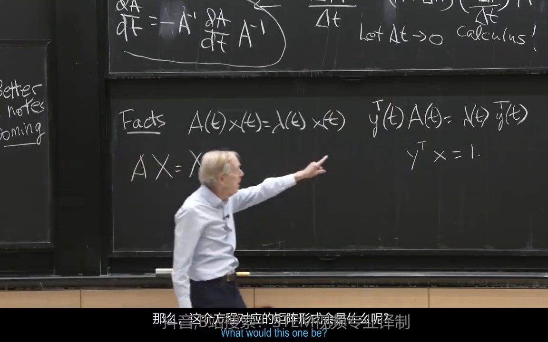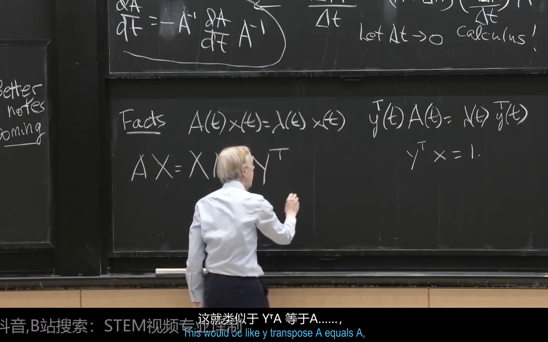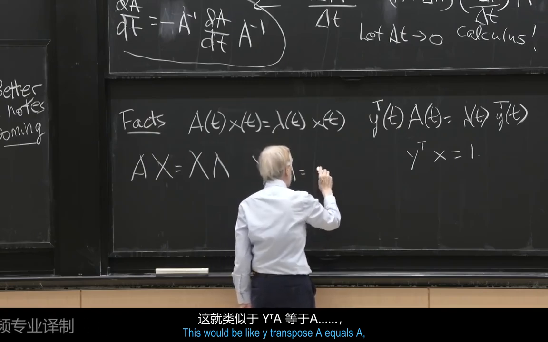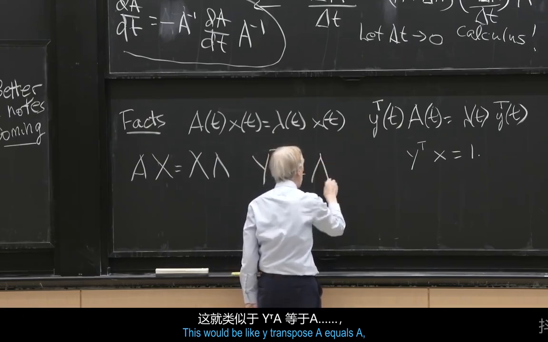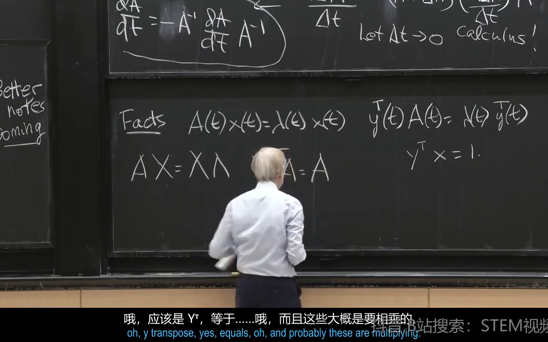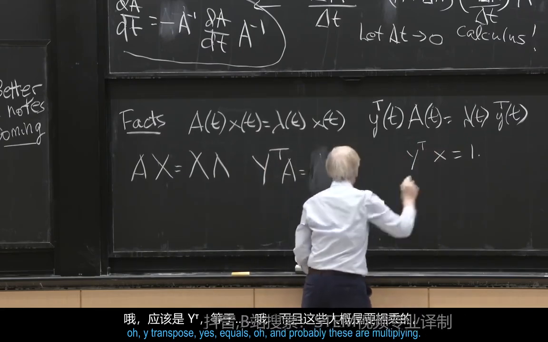What would this one be? This would be like y transpose A equals, and probably these are multiplied.